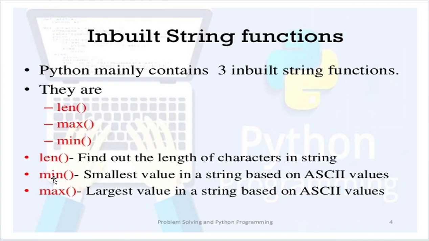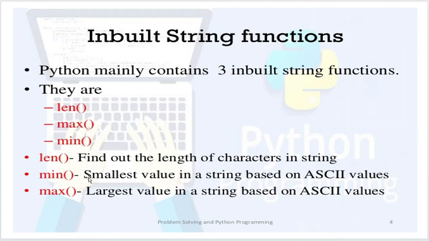Min means it is going to find the minimum value, which means that if a string is given, it is going to find the smallest value in the string. That smallest value we find based on the ASCII values. As we all know, ASCII stands for American Standard Code for Information Interchange.